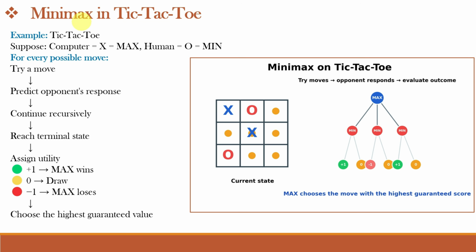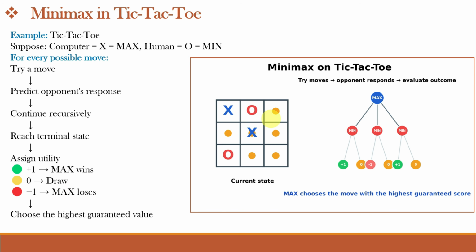Now let us understand how to apply the Minimax algorithm to the Tic-Tac-Toe game. In Tic-Tac-Toe, the computer plays as max, which is moving to achieve the highest score, while the human plays as min, which tries to lower it. Final outcomes are scored simply as +1 for a computer win, 0 for a draw, and -1 for a computer loss.